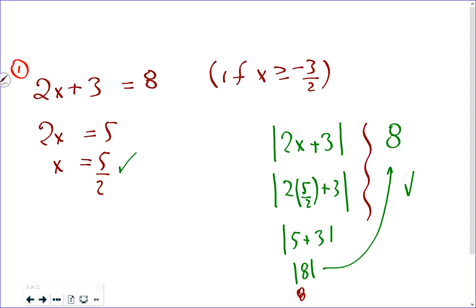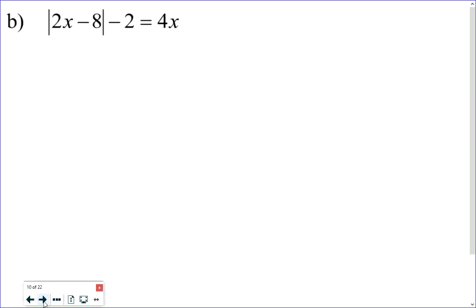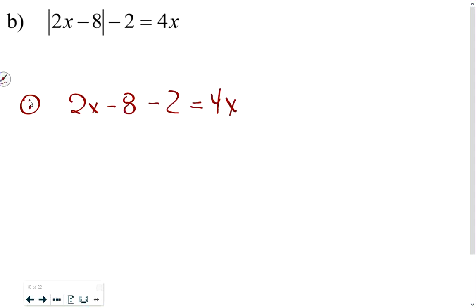So if you're following what I'm saying here, then when we take a look at the second example, which is B, we're going to have two equations. We're going to have to solve 2x minus 8 minus 2 equals 4x. And we're going to have to solve negative 1 times 2x minus 8 minus 2 equals 4x.